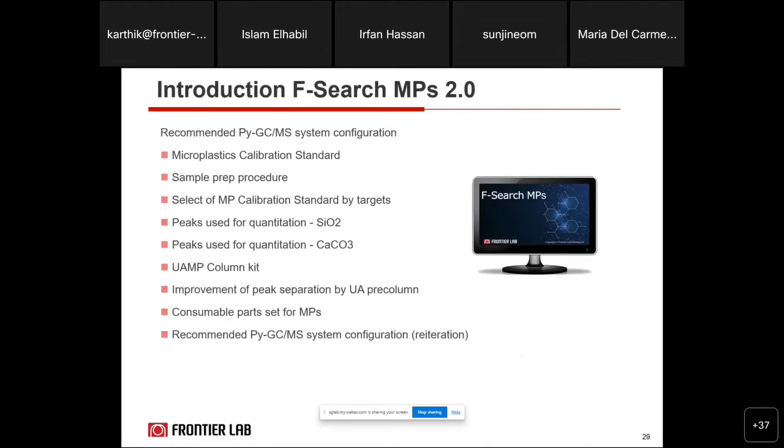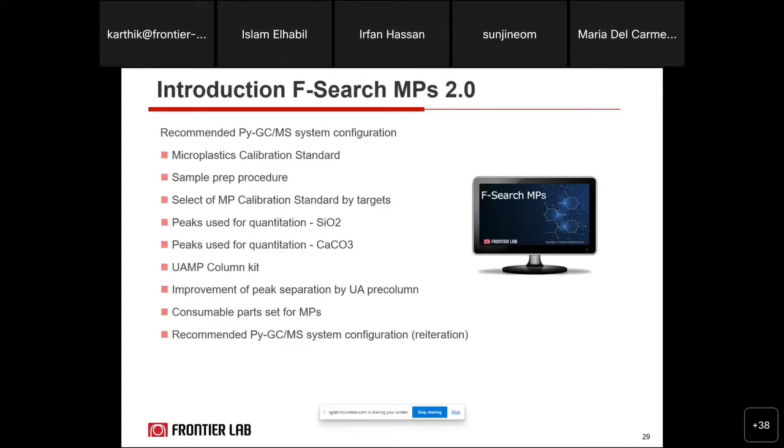So far I have told about a few things that Frontier Lab has done to simplify this microplastic analysis by pyrolysis GC-MS. One of the things is improving sample homogeneity, so we have this cryomill that can be considered. For improving the separation, we have added a guard column that can improve the separation of the polyethylene pyrolysate and nylon 6 pyrolysate.